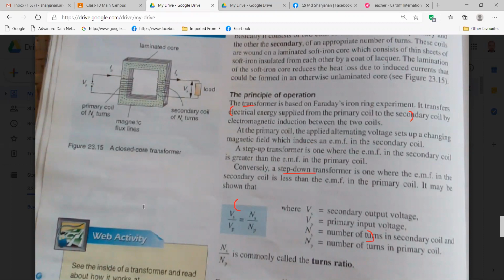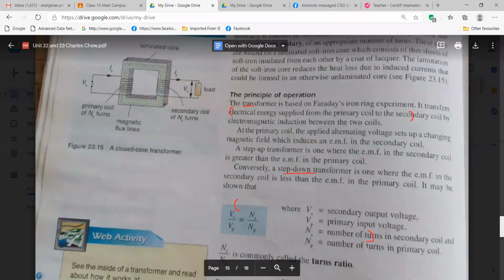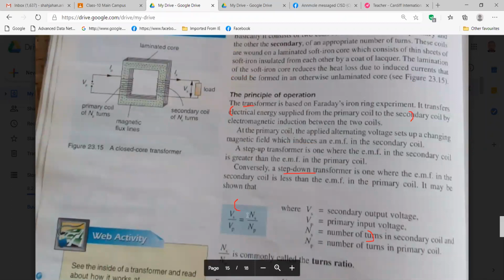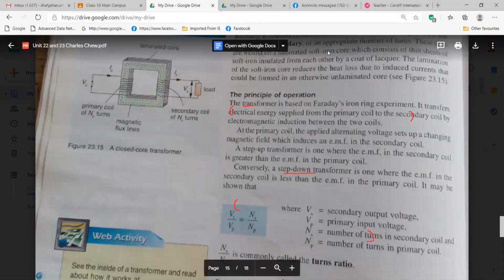If you can remember, you do not need to write all this, because you understand VS, VP, NS, NP, what are these things? N means number of turns. Sir, please remove the marks.